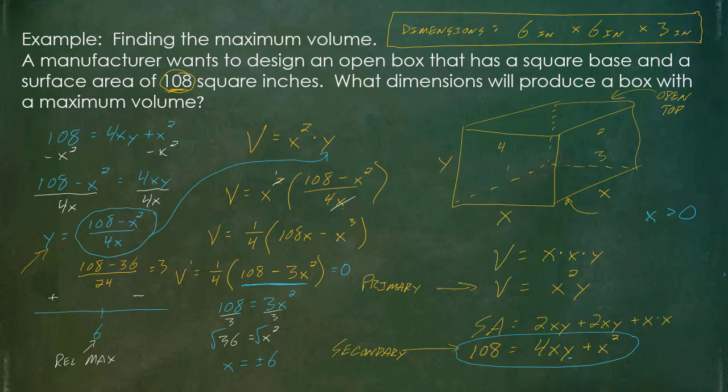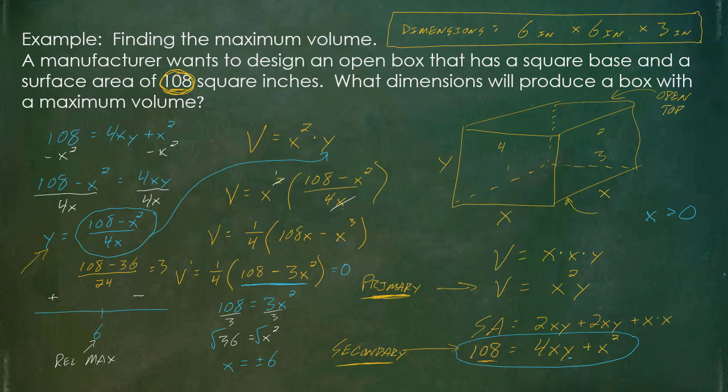So hopefully that kind of made sense, that we started with identifying our primary and our secondary equations. The secondary was the one that used the number that they provided for us, which that's where that 108 got involved. I really just used my picture to kind of come up with those expressions, and then I just tried to replace the y value with its equivalent expression from our secondary equation.